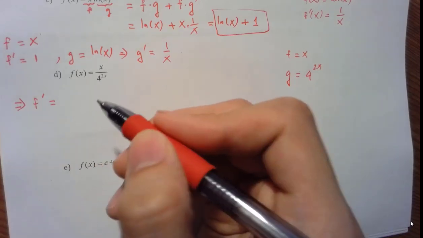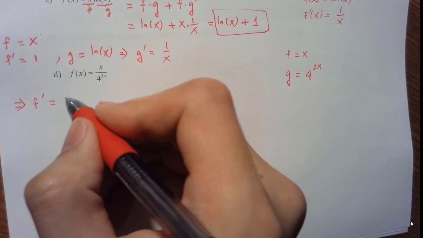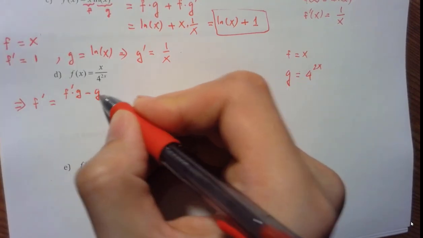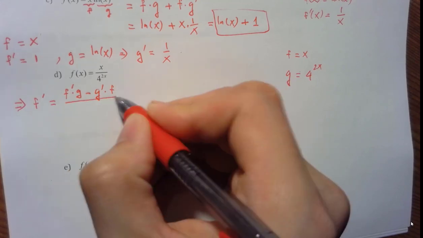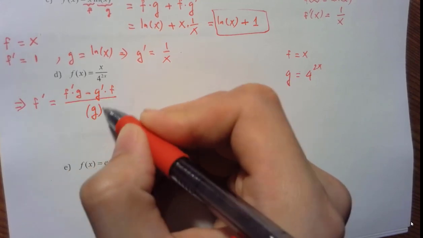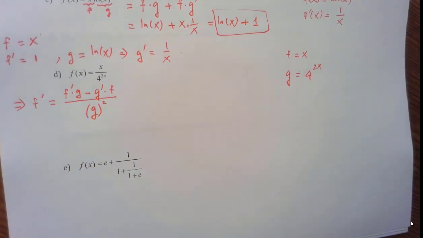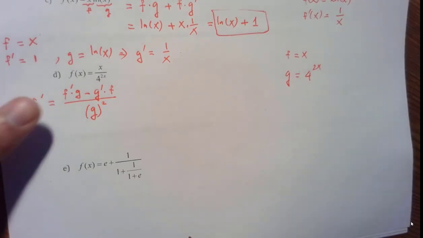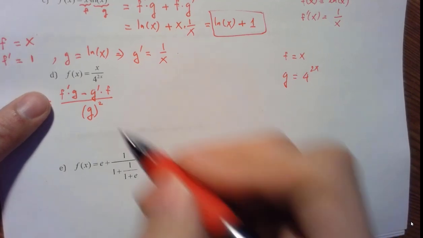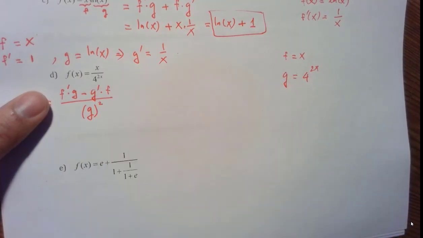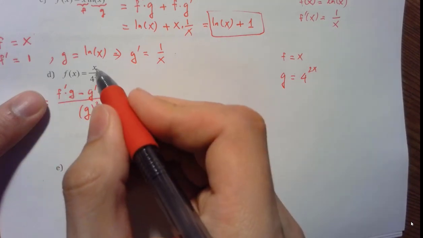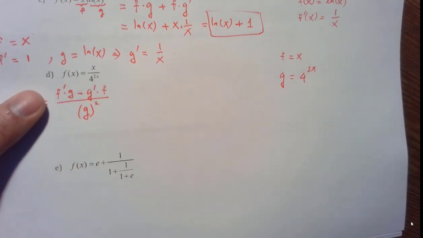So according to the formula from section 3.4, it's f prime times g minus g prime times f, over g, the whole quantity squared. Right, this is not the same thing as this function here, so just ignore that for now. It means that we differentiate this whole expression to get that formula, where f is the top function and g is the bottom function.